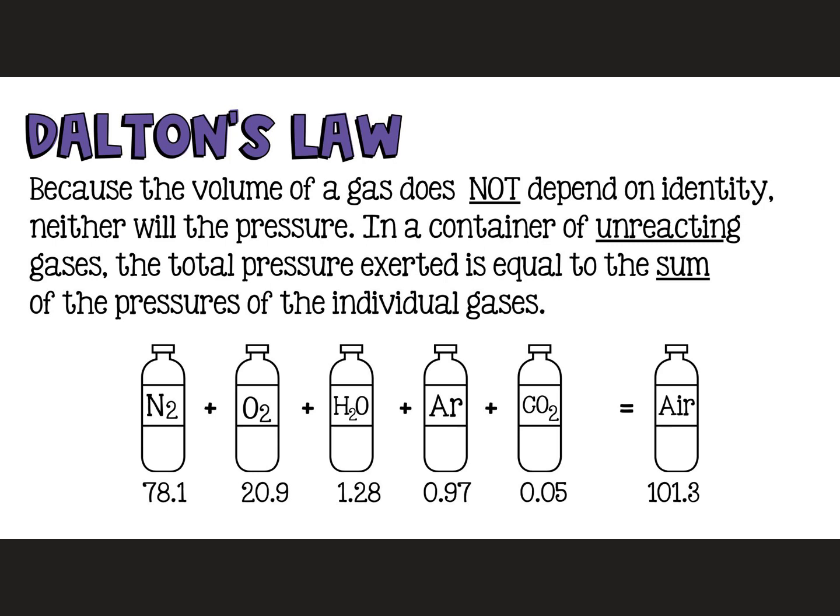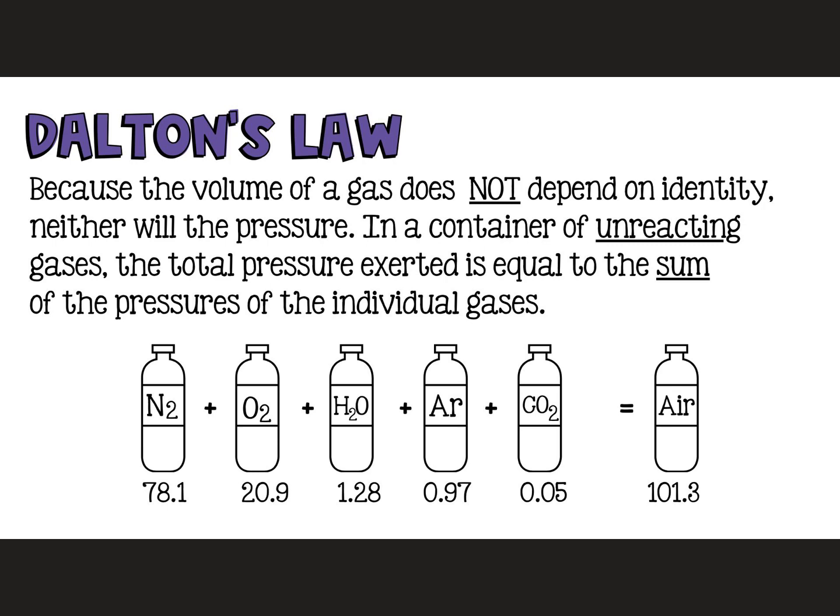In a container of unreacting gases, the total pressure exerted will be equal to the sum of the pressures of the individual gases. This rule is called Dalton's law. So let's consider a few different gases.